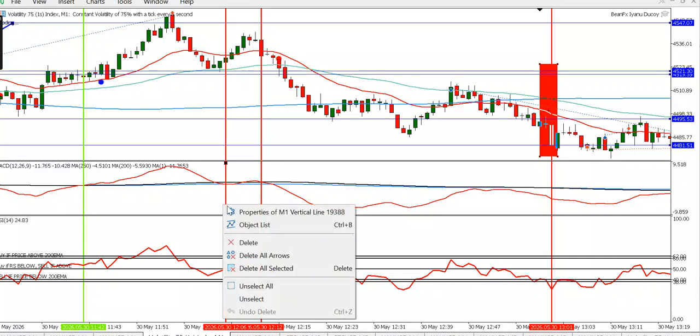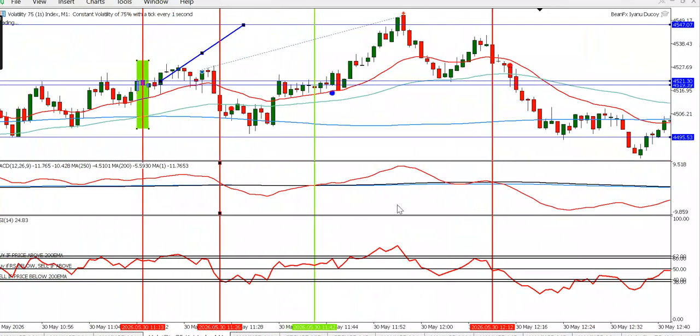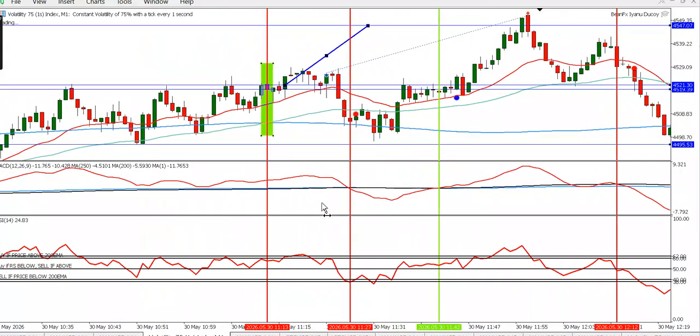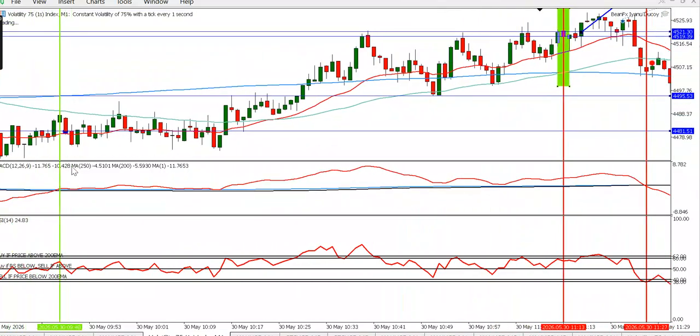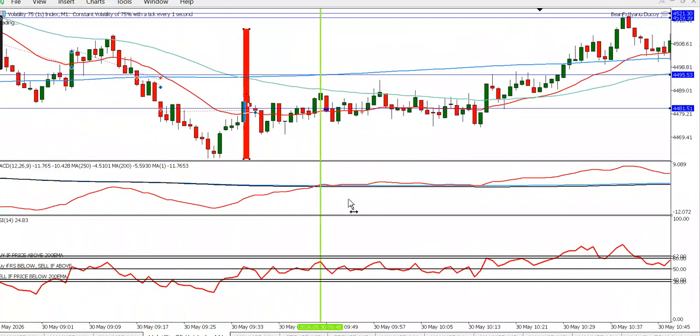Let's remove this. And this sell signal here. Okay. And this buy signal. So when the red line, this red line crosses above these two moving averages, that's bullish trend. Okay.